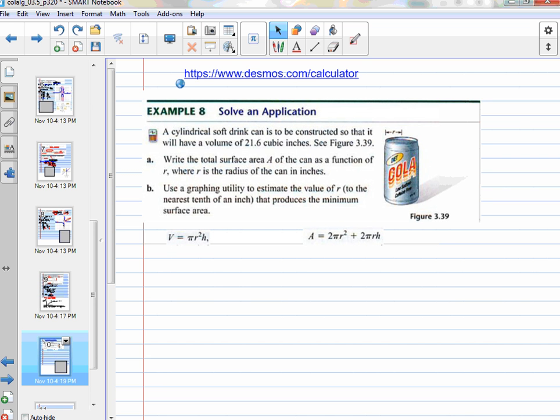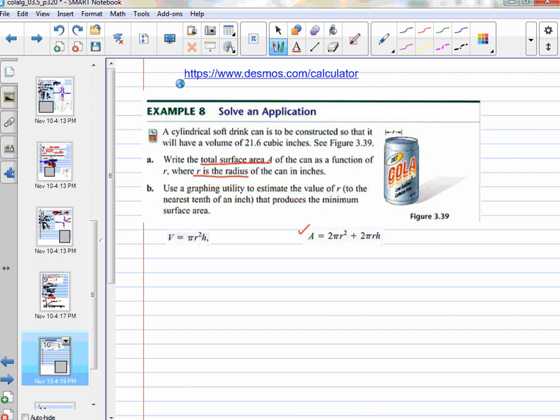Solve an application. Write the total surface area of the can as a function of the radius r. Total surface area. If I have a cylinder can, here's the surface area formula. The top and bottom are circles, pi r squared, 2 pi r squared. The sides of the can, 2 pi r h.